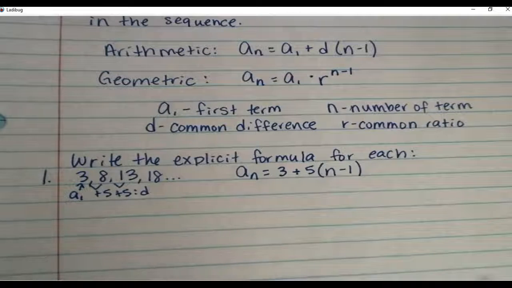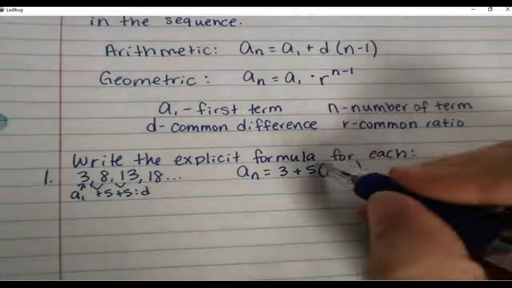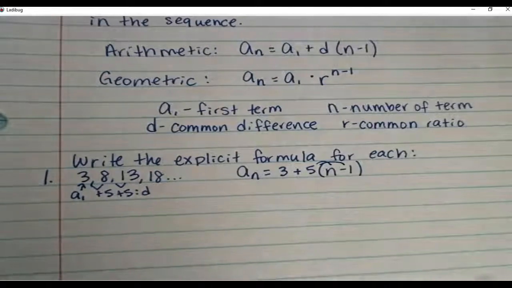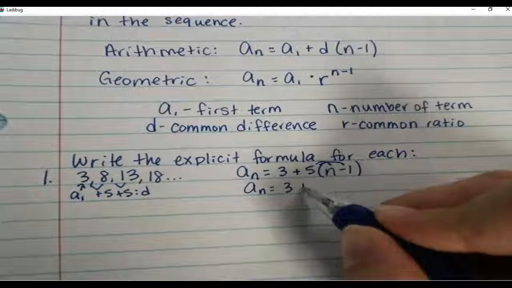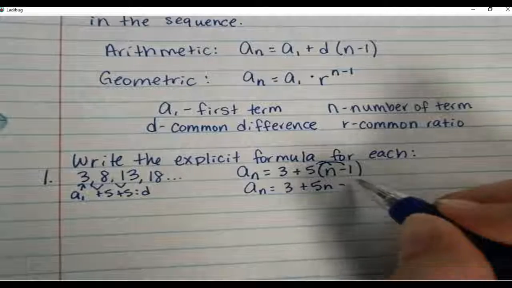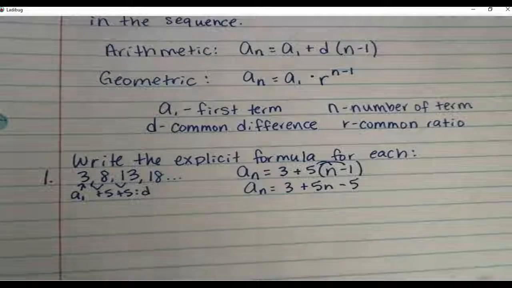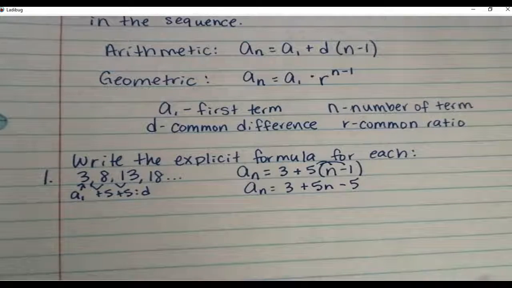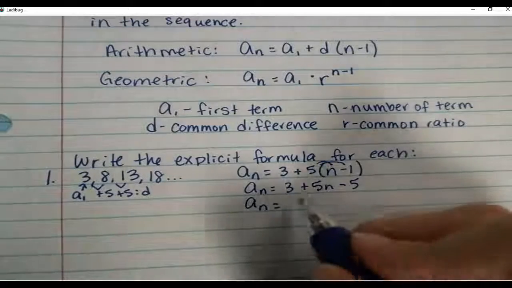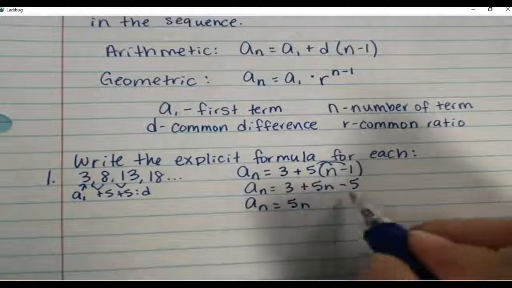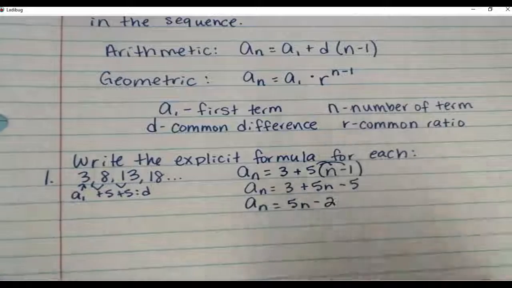Yeah, what can I do? Yeah, I can distribute this 5. So then we get an equals 3 plus 5n minus 5. And then what's my last step? Yeah, I can combine like terms. So 5n and then 3 minus 5 gives me negative 2.